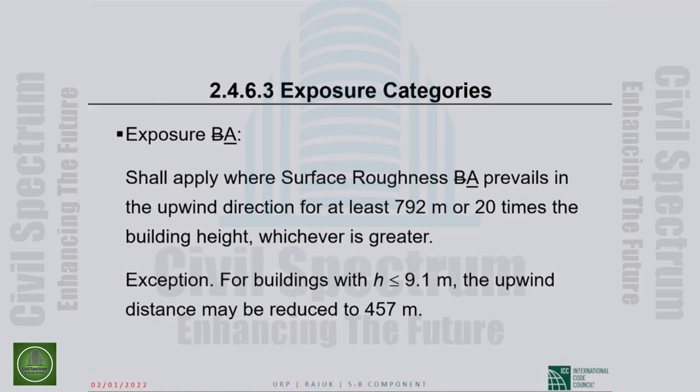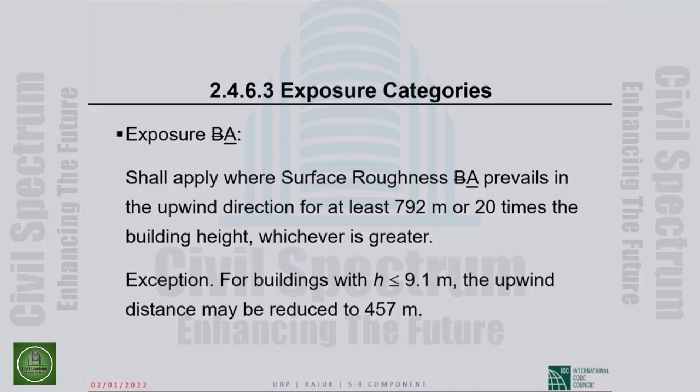Then exposure categories A, B, and C are defined in terms of those roughness categories and upwind distance. So exposure category A shall apply where surface roughness A prevails in the upwind direction for at least 792 meters or 20 times the building height, whichever is greater. Okay. There is an exception.